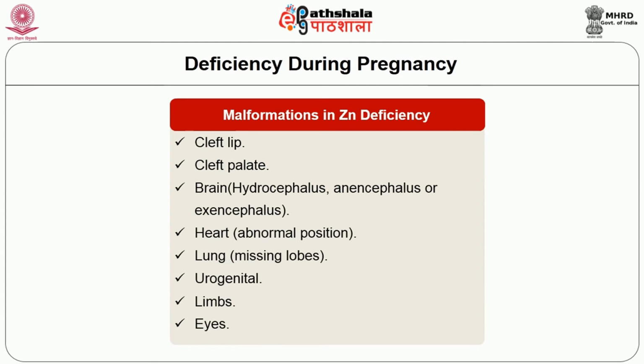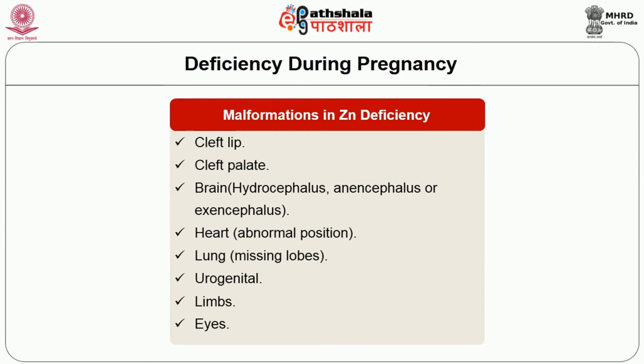So you have cleft lip, that is the lips which are cut, then cleft palate, then in the brain, hydrocephalus, encephalus, heart abnormal position, lung missing lobes, urogenital dysfunction, limbs and eye.